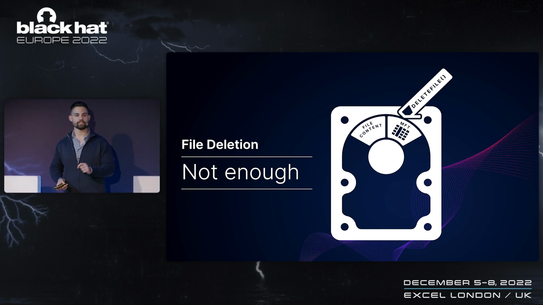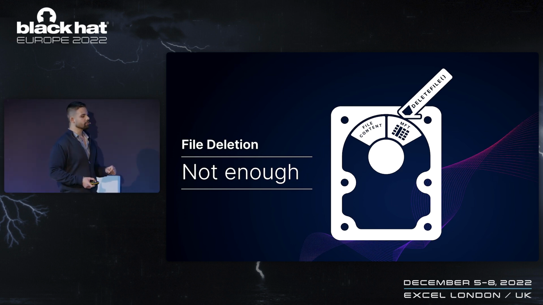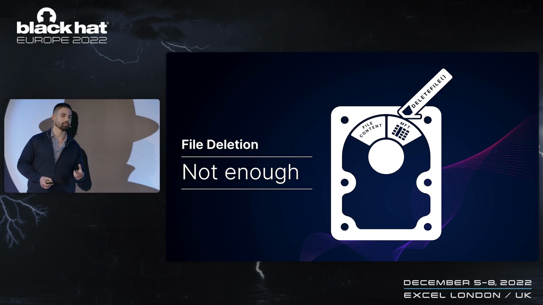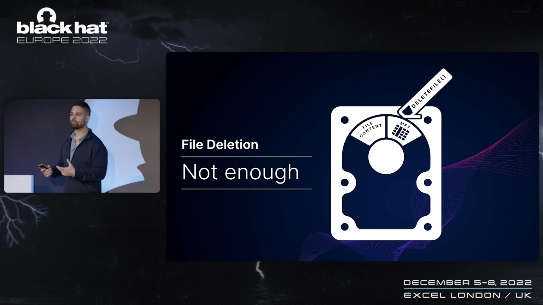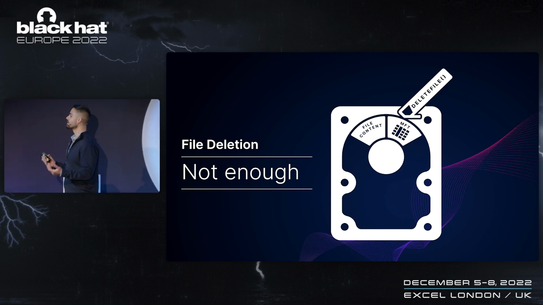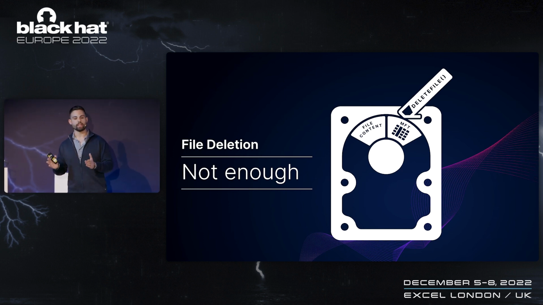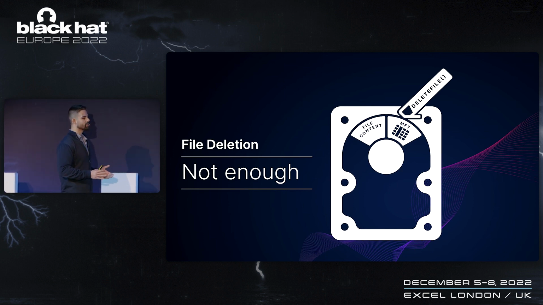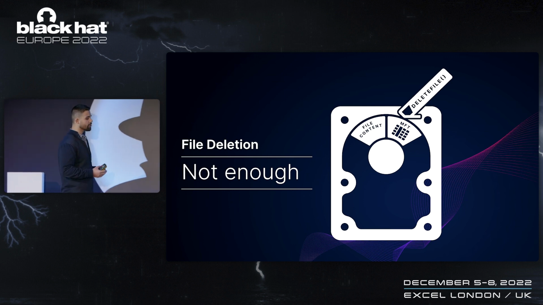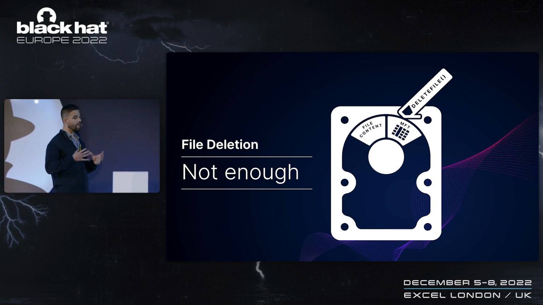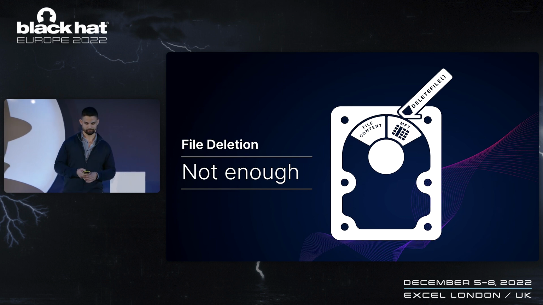There the kernel just marks a certain entry as free. This entry is just a pointer to the actual file content, and so the actual file content is not really being erased. That is the difference between a wipe and a deletion. When we wipe something, it means that we really make it not restorable, and we actually erase the file content.